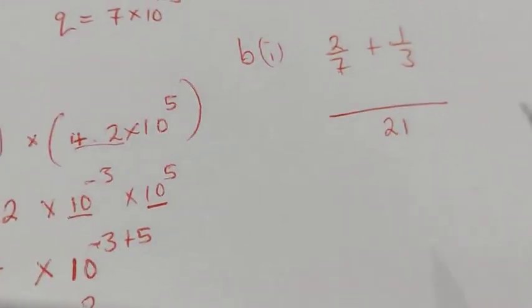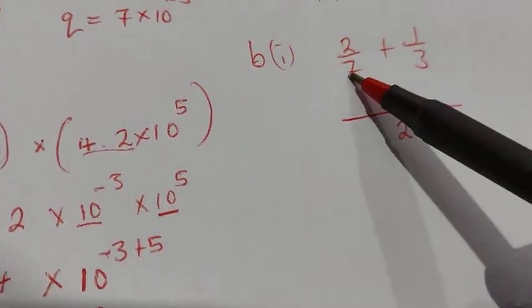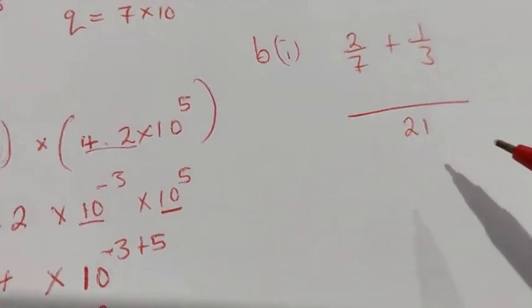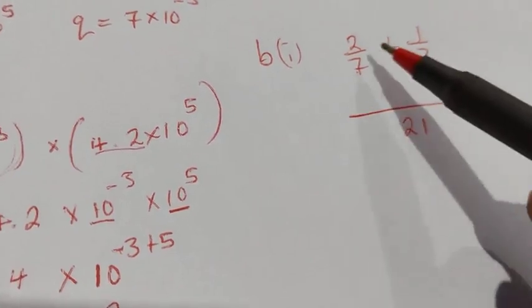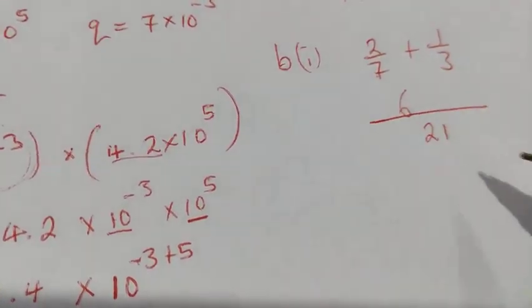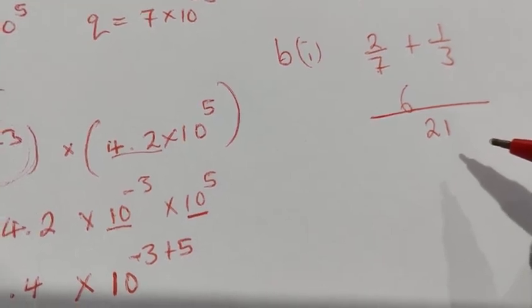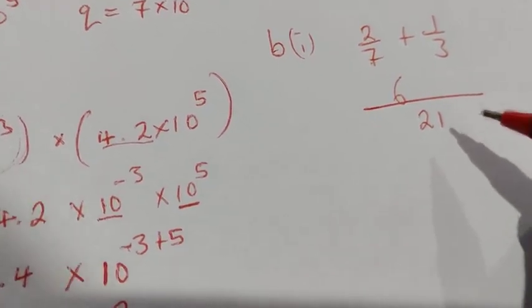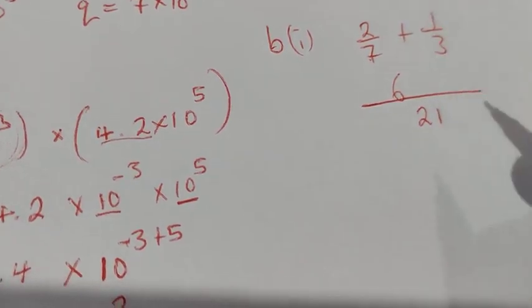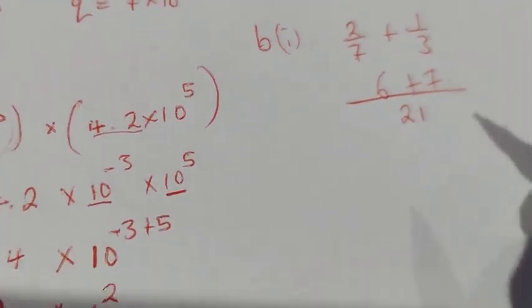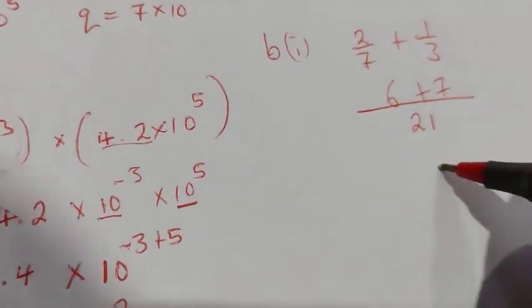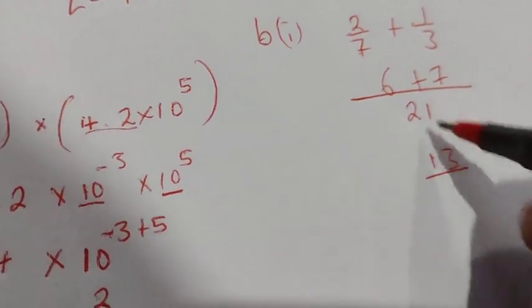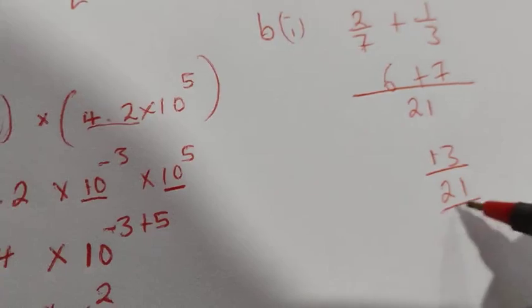This is the smallest number which can be divided by 7 and 3 without leaving a remainder. 7 into 21, that's 3. 3 times 2, 6. 3 into 21, that's 7. Times 1, it's 7. Now 6 plus 7, that's 13 over your denominator, which is 21.